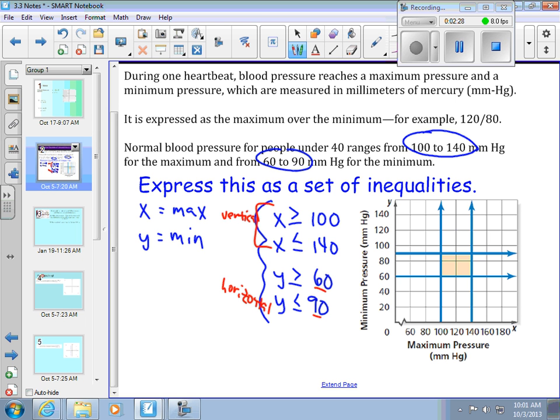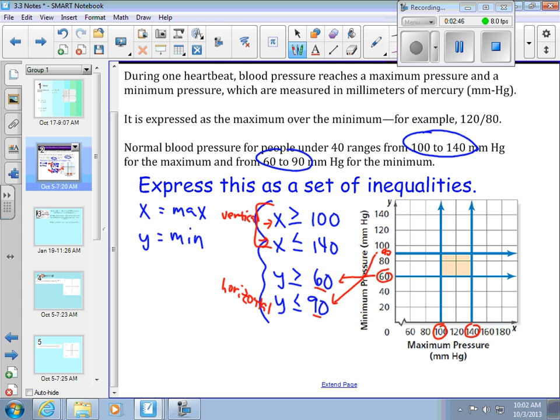So you can see it's graphed over here. Here's the minimum of 60 pertaining to that one. Here's 90 right in here pertaining to that one. And then these vertical lines would be the 100 and 140 we have right over here.